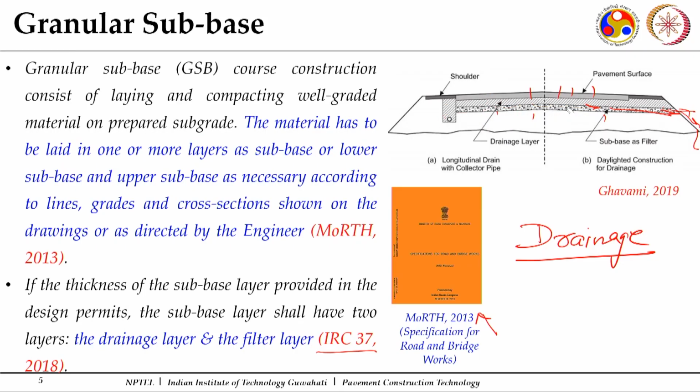So, I will always prefer to construct my granular subbase courses in two layers. The bottom one will be considered as a separation and filtration layer, and the upper one will be considered as a drainage layer. Now, in certain cases, there may be some restrictions related to the crust thickness.